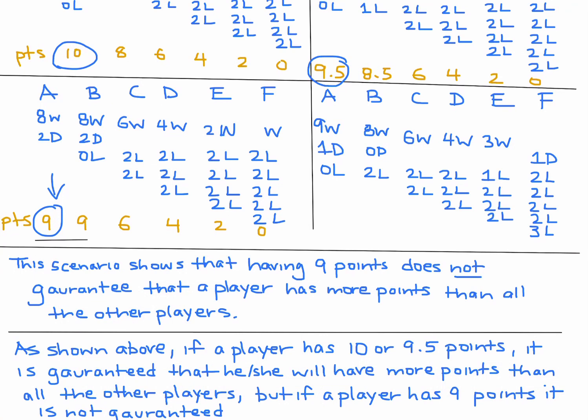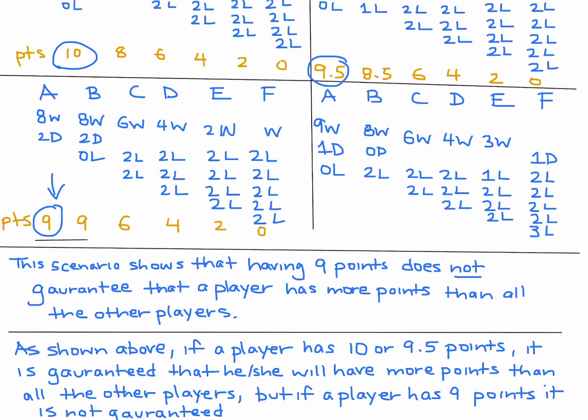So to repeat, as shown above, if a player has 9.5 or 10 points, it is guaranteed that he or she will have more points than all the other players. But if a player has 9 points, it is not guaranteed.